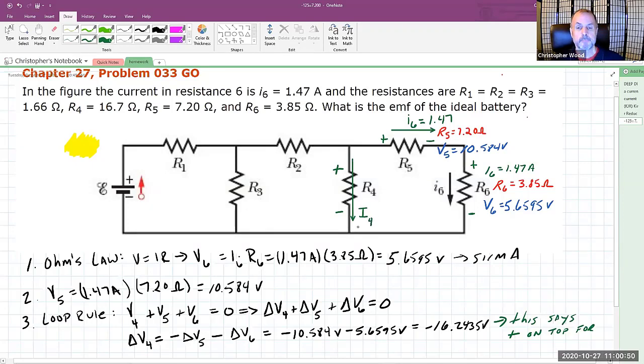I know that has to be the current direction. All right, so IR4 equals, we're going to have to get a number on that. But right now I do know the voltage. So back to blue. Let's go to blue. I do know that this voltage across R4 equals 16.2435.